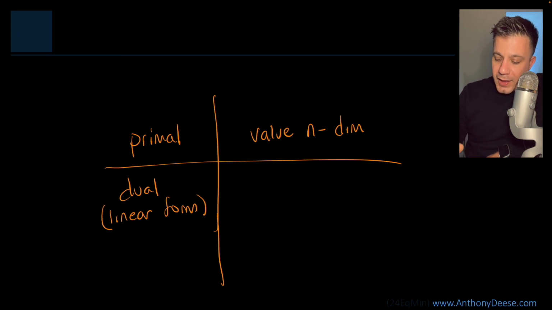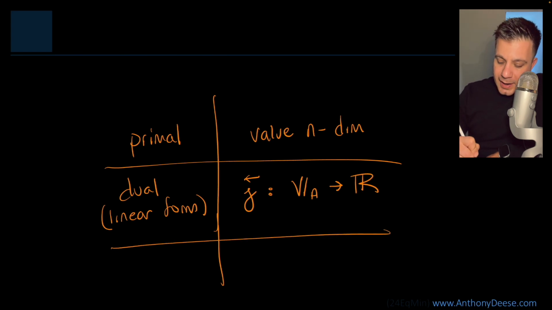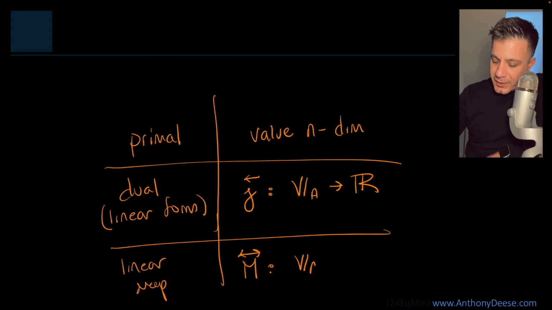What that does is map some vector space to a scalar, and the linear map maps some primal vector space to another primal vector space.